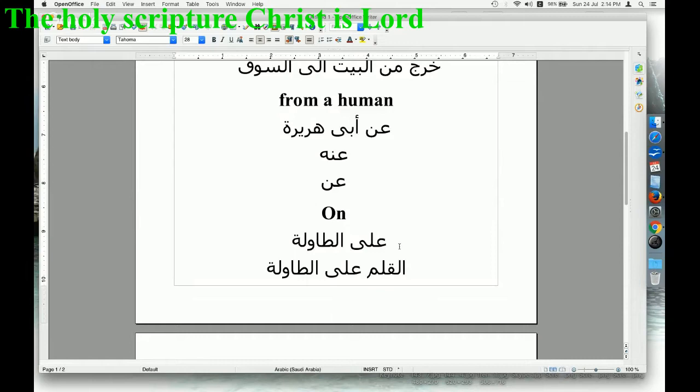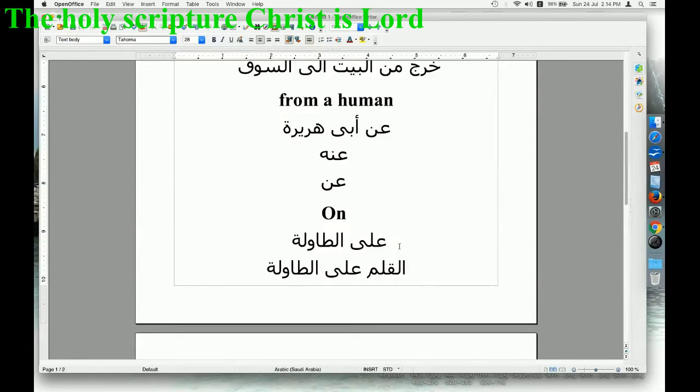It's the same as in English: the pen on the table. Very simple. You don't put the table on the pen, right? So who is on who? It is the pen on the table. So you start with the pen, and you mention between them ala, which means on, and then after that you put what it is on.